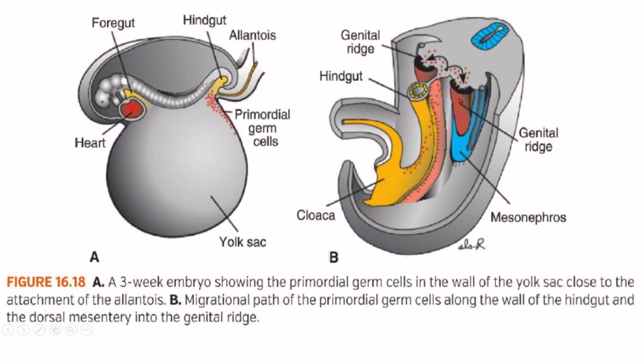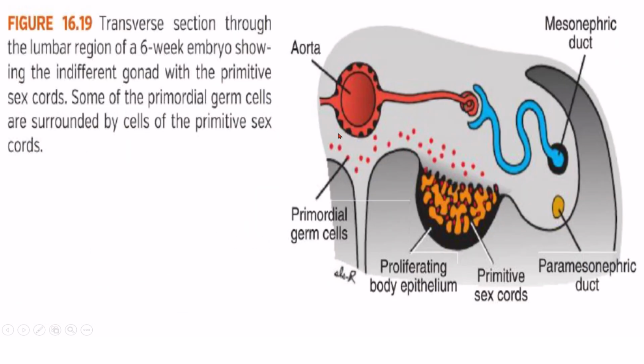By the time the primordial germ cells arrive at the genital ridge, the coelomic epithelium will grow inward and form the primitive sex cords. You can see here the proliferation of the coelomic epithelium forming the primitive sex cords, and you can also see the migrating primordial germ cells.